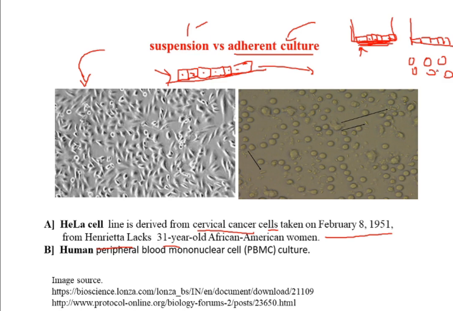They are not adhered or attached to any surface, like RBCs and various cells of the immune system like B cells and T cells. They are in the circulation, and because they are in the circulation, they are not adhered to a particular surface.